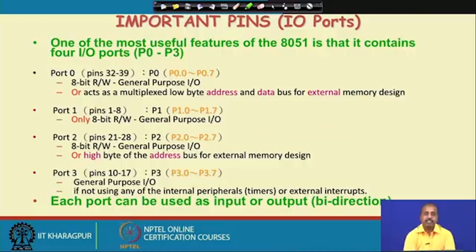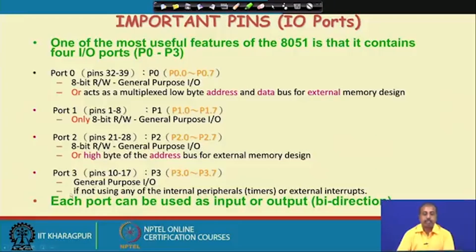Then port 3, which is again multiplexed and has many functions. It is general purpose I/O if you are not using any of the internal peripherals, timers or external interrupts. Otherwise, as we have seen previously, there are the read bar, write bar pins and all those things.